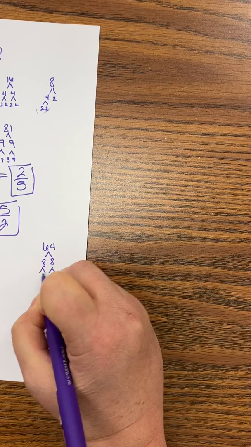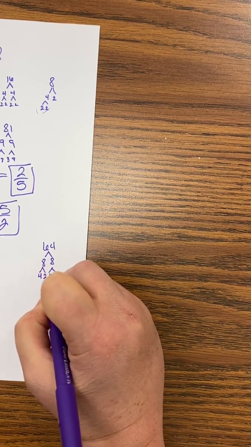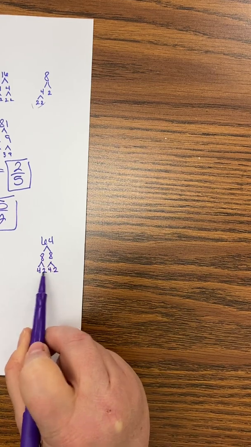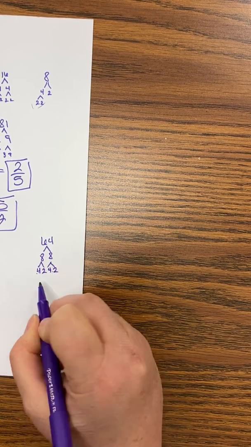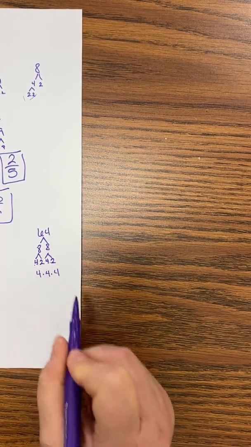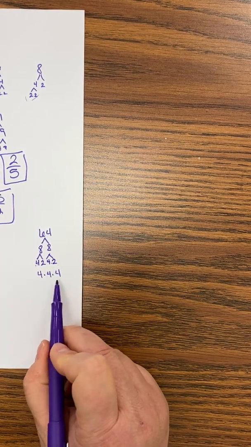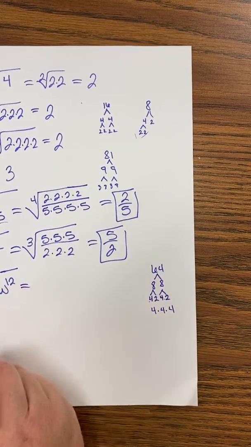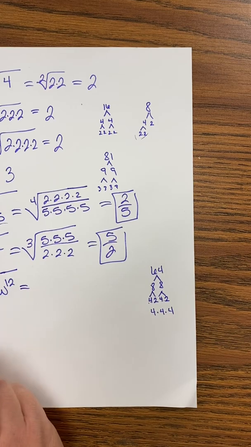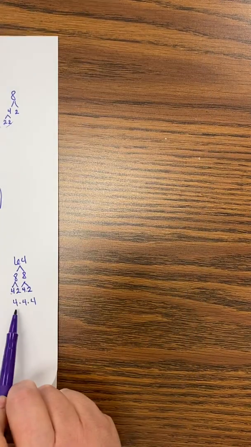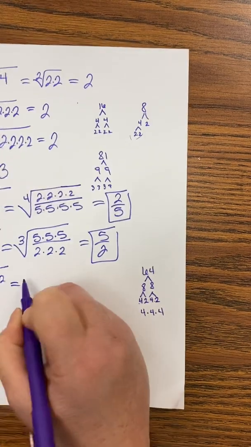And then you've got 4 times 2, 4 times 2. Well, look, you have 2 4's and then you have 2 2's. Well, couldn't I put the 2's together and have another 4? So there's my 3 numbers, 4 times 4 times 4. So the third root of 64 is going to be 4, because that's the number it breaks into.